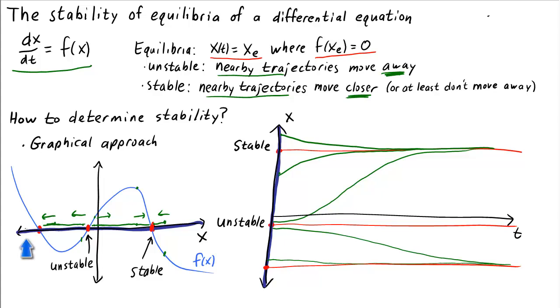And if I start below, f of x is positive, so dx/dt is positive, and we move to the right and get closer to the equilibrium with time. The plot with time looks like this. Just as for the upper equilibrium, nearby trajectories move closer, and the lower equilibrium is stable.